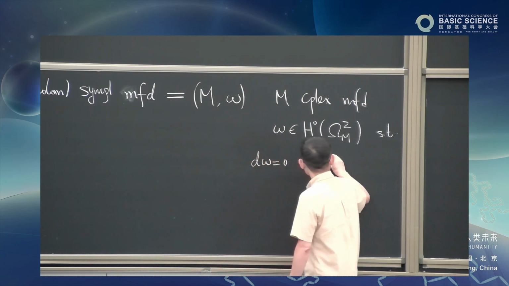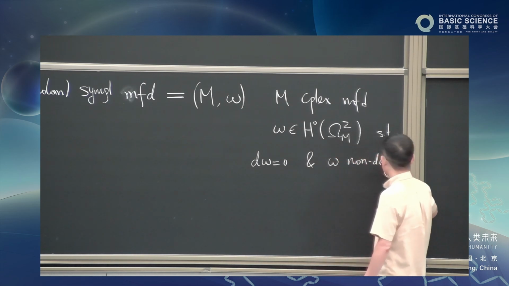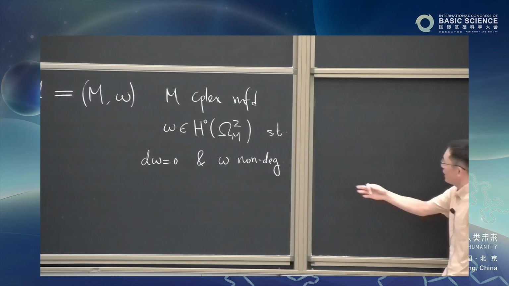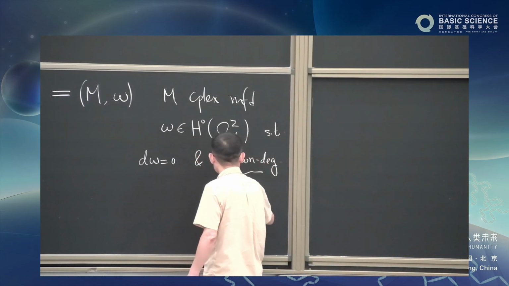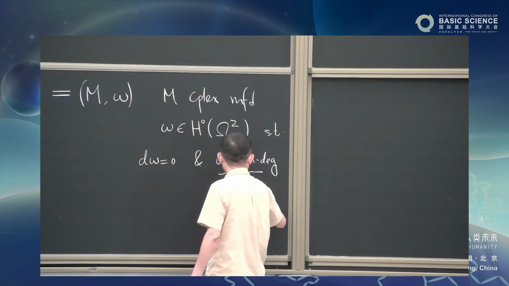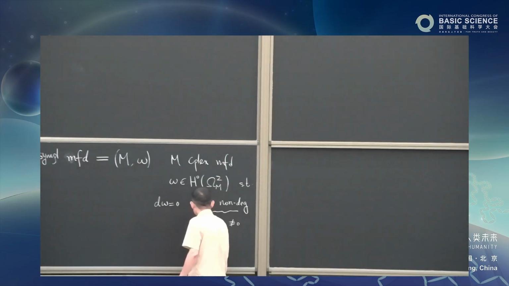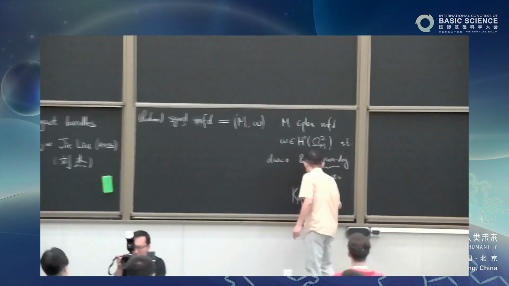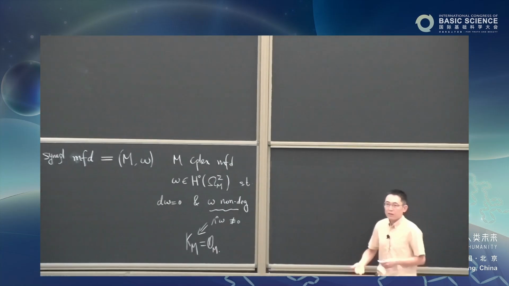And also omega is non-degenerate. Non-degenerate means the top wedge power of omega is everywhere non-zero. This would imply, in particular, that the canonical bundle of M is trivial. So in a general sense, this is a Calabi-Yau.